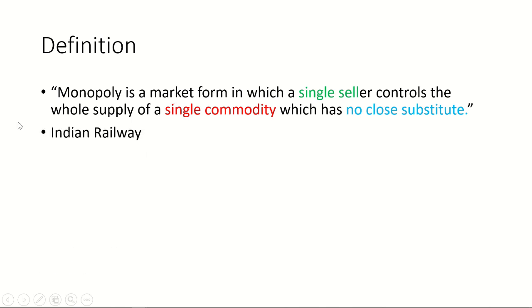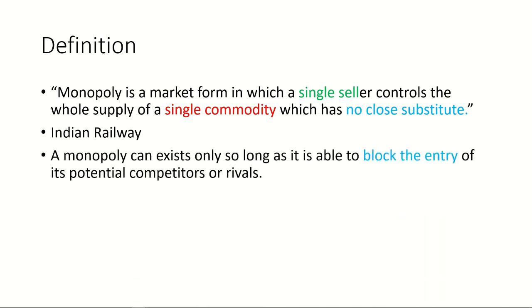The example is Indian Railway, or the state government monopoly of rail transportation. And a monopoly can exist only so long as it is able to block the entry of potential competitors. If potential competitors enter the market, then the monopoly cannot continue.